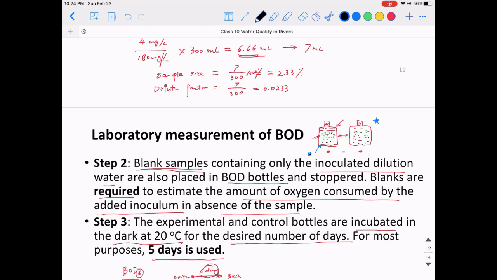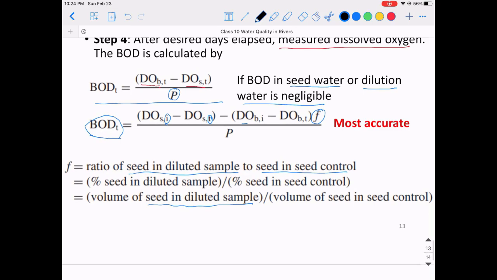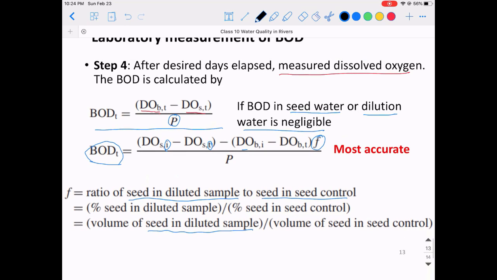Normally, the seed is going to have a small volume because it's very concentrated with all of these microorganisms, okay? And we're also adding seed into this blank group here, okay? So the F can be calculated by the volume of the seed in the diluted sample divided by the volume of the seed in the seed control, okay?